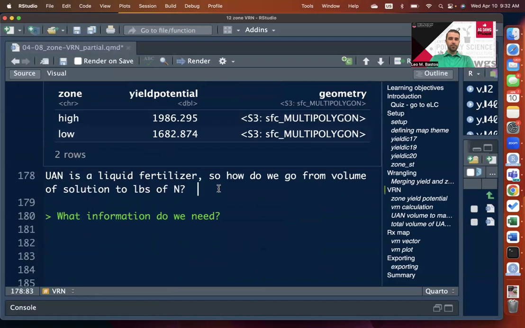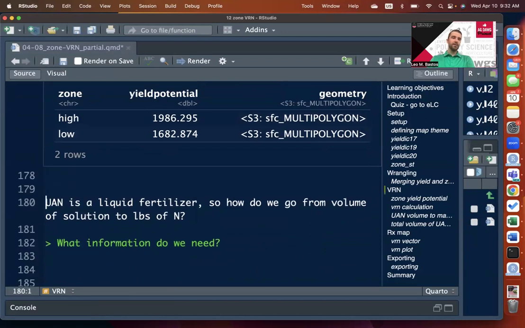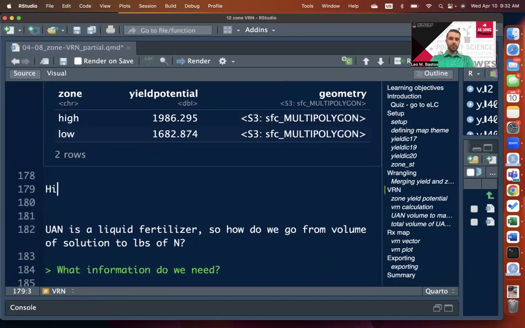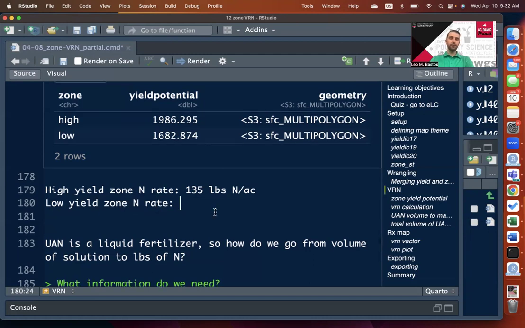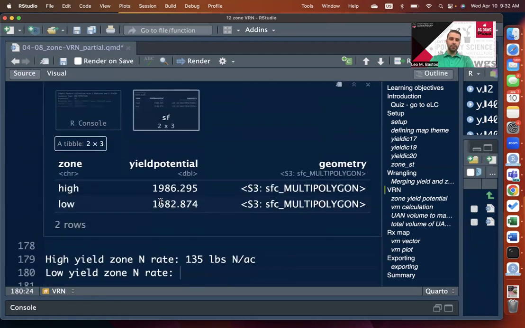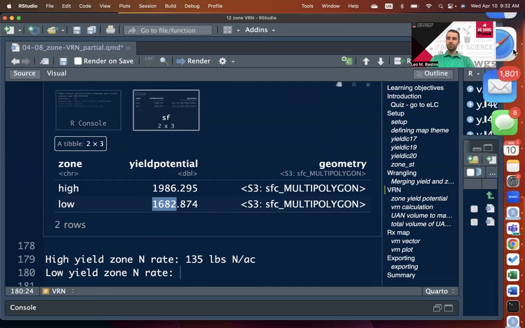So I want to take note of that right below my chunk here. High yield zone rate is 135 pounds of N per acre. And then my low yield zone rate, I'm going to figure out right now. My low yield zone is 1,682.